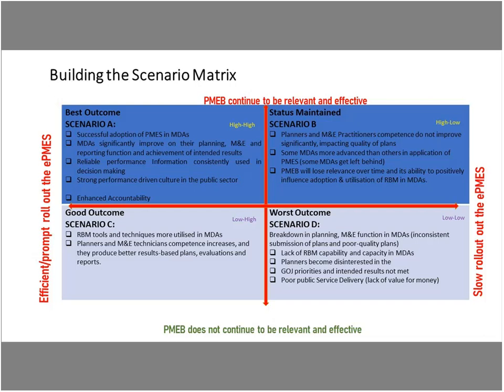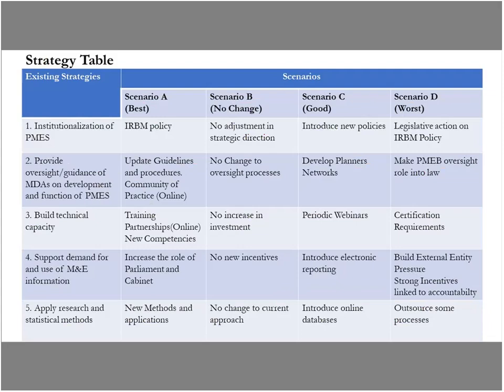In this exercise, having looked at the various scenarios, we need to now apply them. And I'll soon be finished. This is how it's applied. You have to identify your core strategies, and then for each scenario, develop alternative futures.